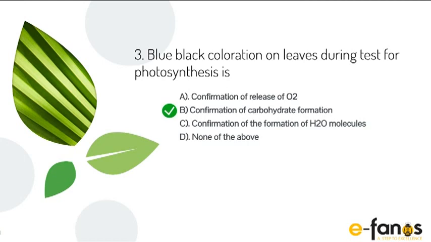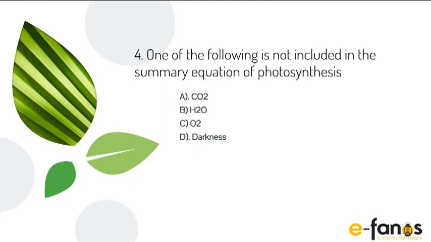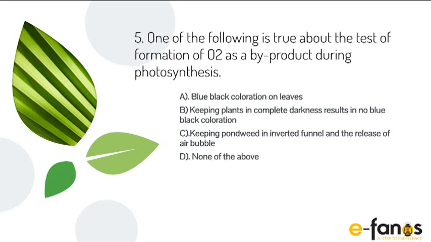Question 4. One of the following is not included in the summary equation of photosynthesis. Is it A, CO2, B, H2O, C, O2, or D, darkness? And the correct answer is D, darkness. Question 5. One of the following is true about the test of formation of O2 as a byproduct during photosynthesis.